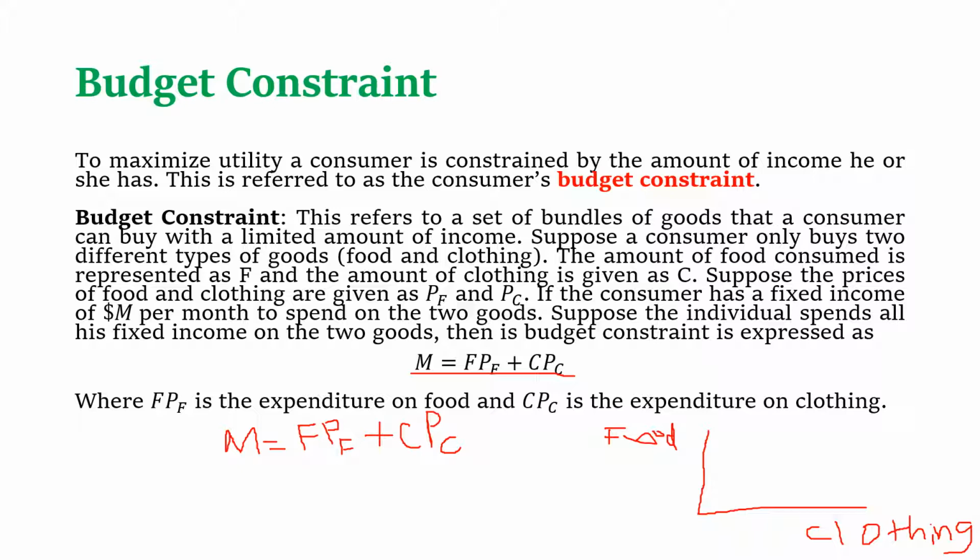But I said here, if we want to find the intercept term on the food axis, we divide by what? PF, right? So if we divide M by PF here, we're going to have this. And then if we divide FPF by PF, of course, we know that this PF and this PF cancel, right? And then plus, we divide this by PF again. So we have CPC over PF, right?